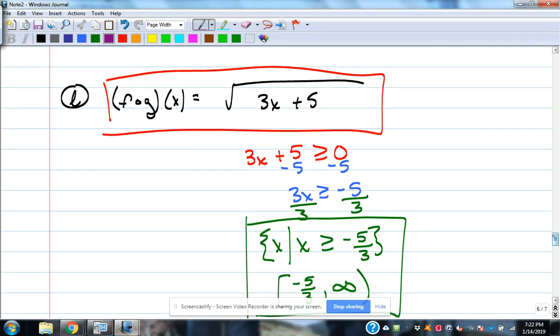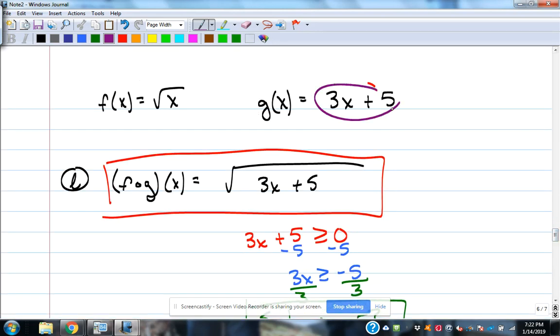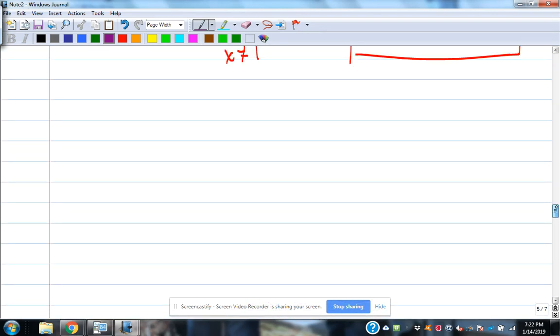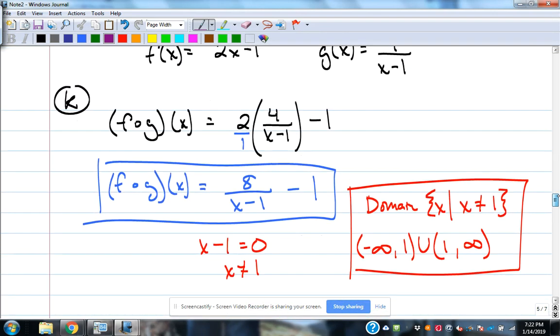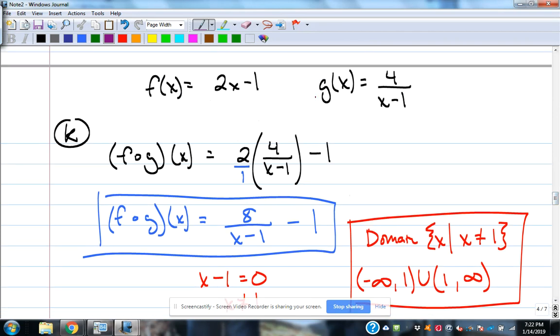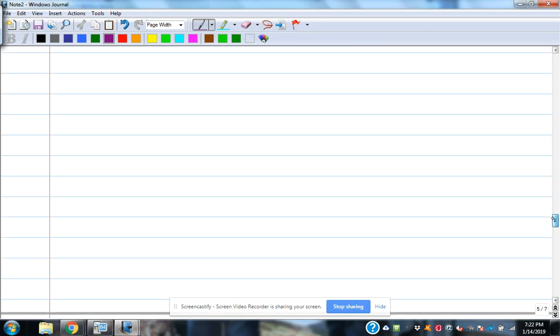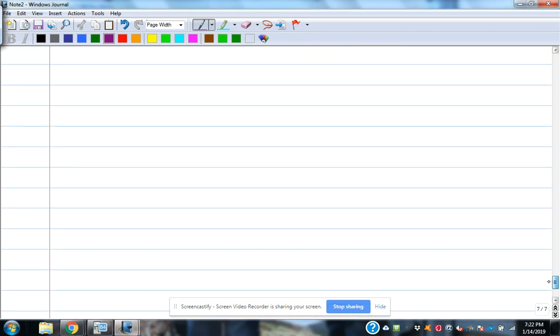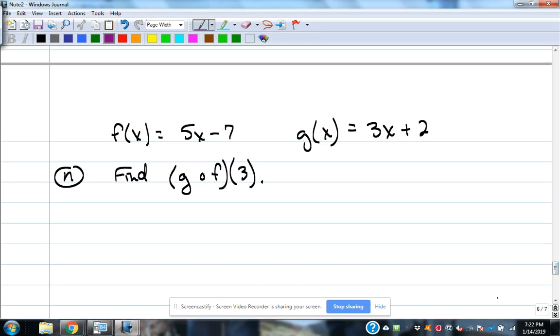Whatever's listed second is what's going into the other one, right? So G composed with F means take F and put it into G.